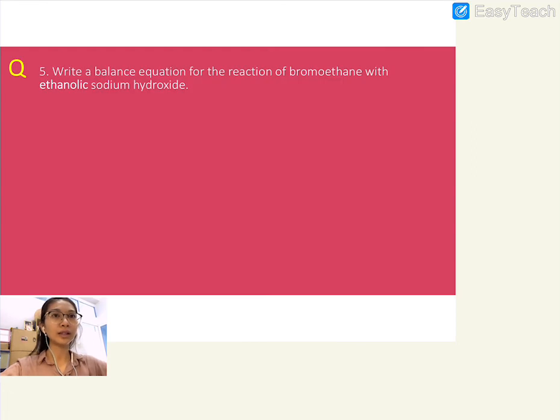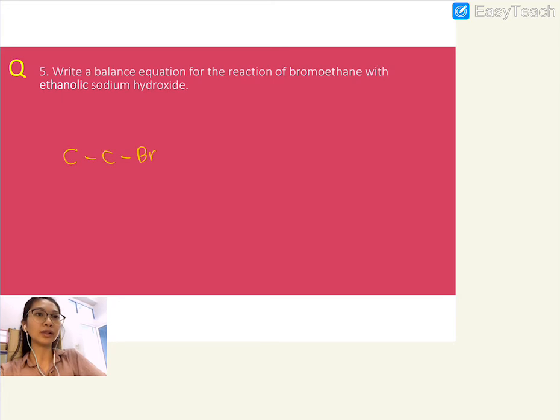Okay, here: write a balanced equation for the reaction of bromoethane with ethanolic sodium hydroxide. Okay, let's try. If we have bromoethane, ethane has 2 carbons and has a bromo attached to it, and reacts with the sodium hydroxide in the ethanol.